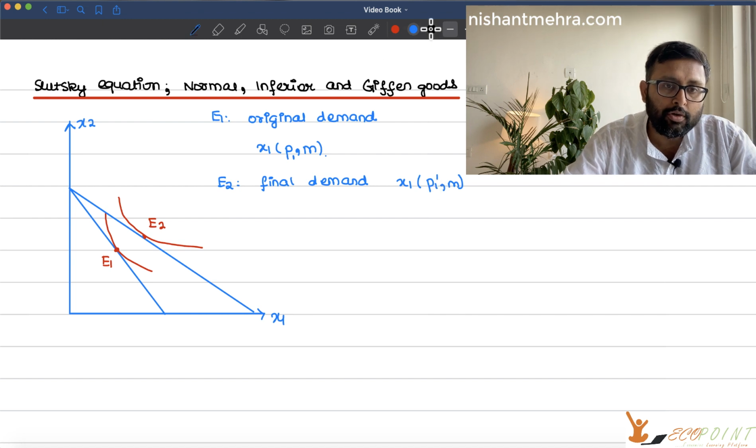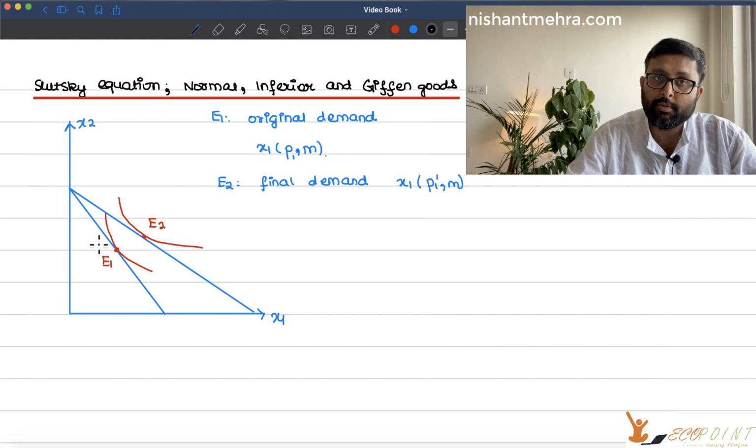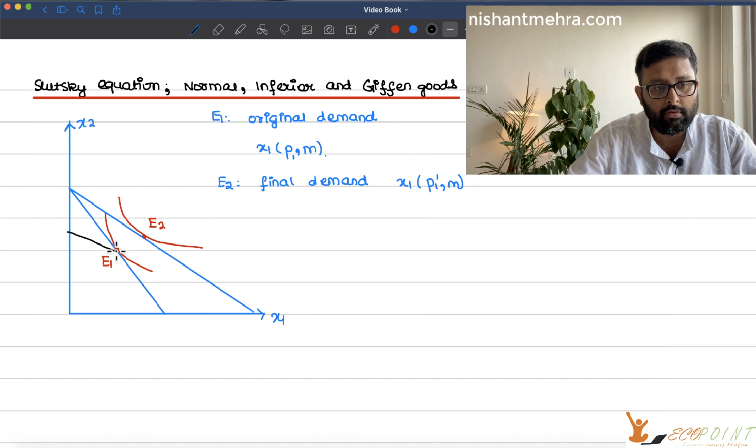And then for the Slutsky substitution effect, what you did was draw a fictitious budget line passing through the original consumption bundle, parallel to the new budget line. So the new budget line is this one. I'll draw a fictitious budget line now.